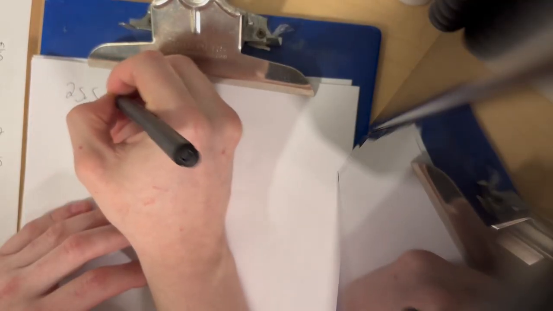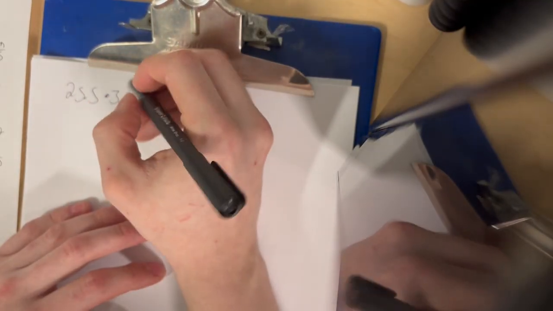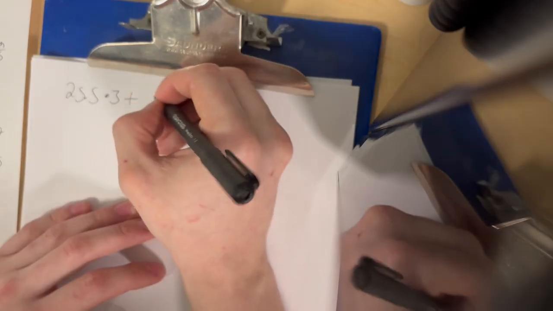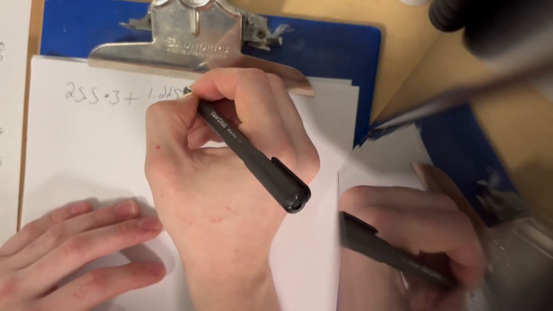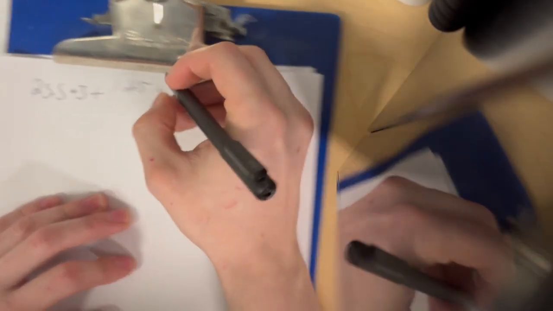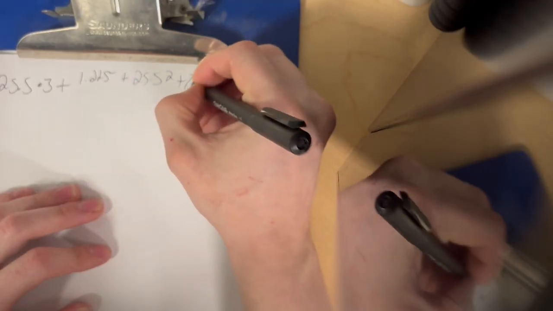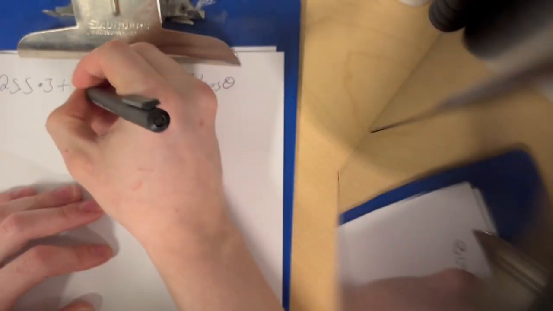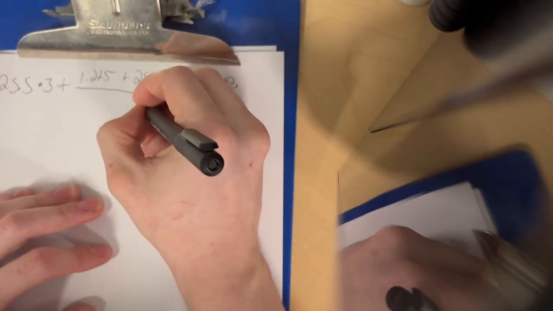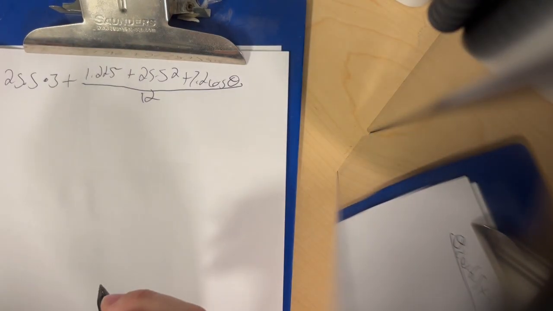For L, we have 25.5 times 3 plus 1.225, density of air, times 25.5 squared times 7.2 cosine theta all over 12, which is 4 times the 3 grams.